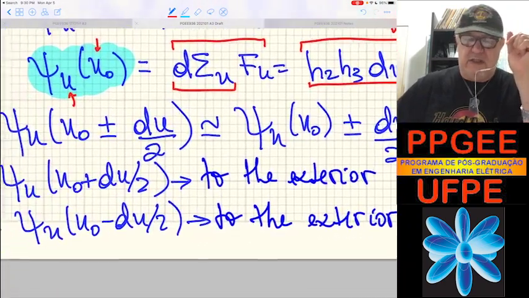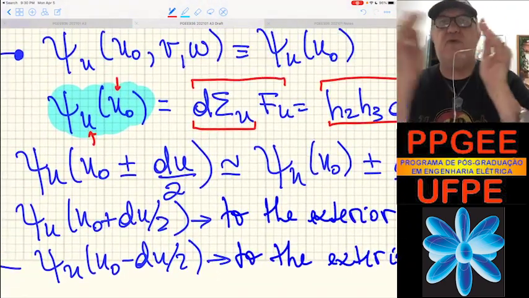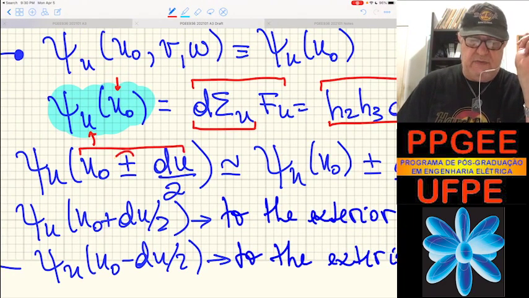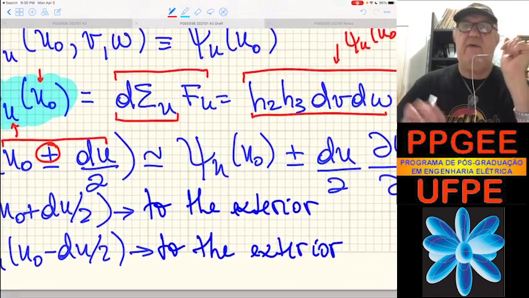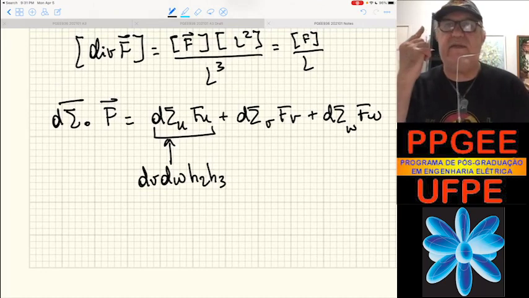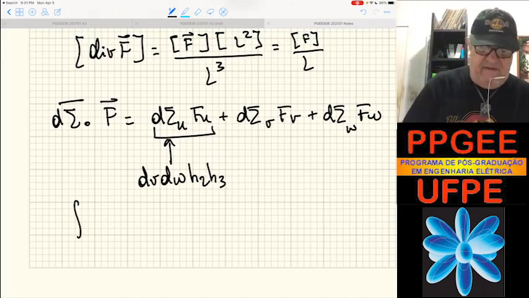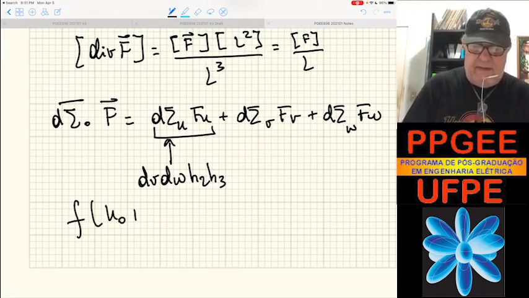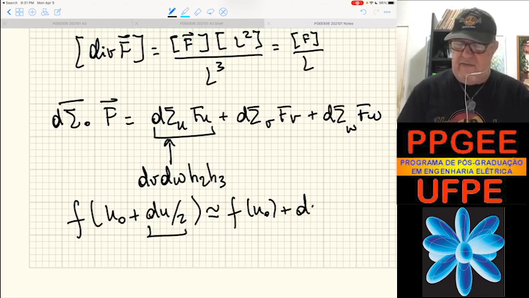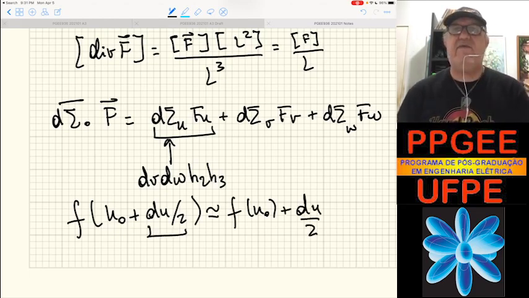So when I go to the front surface, the flux outward, right, is going to be psi at u0 plus du over 2, for which I'm going to use a Taylor approximation, right? For a function of a single variable, f of u0 plus du over 2 is approximately f of u0 plus the increment, which is du over 2, times the first derivative, right?